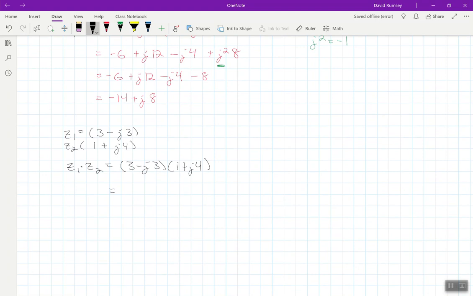FOIL, so first 3, outside would be plus j12, inside would be minus j3, and last would be minus j squared 12. And then this would be 3 plus j12 minus j3. Now j squared is negative 1, but I already have minus j squared, so this would be plus 12. And so I'd get 15 plus j9.